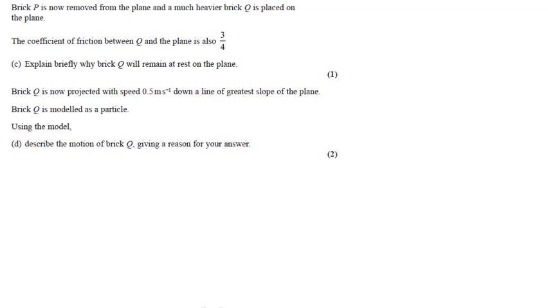We're now told that brick P is removed from the plane and a much heavier brick Q is placed on the plane. So the mass has changed. The coefficient of friction is still the same, so explain briefly why brick Q will remain at rest on the plane. Remember that the force acting up was mu times 4/5 mg, and the force acting down was mg sine alpha.